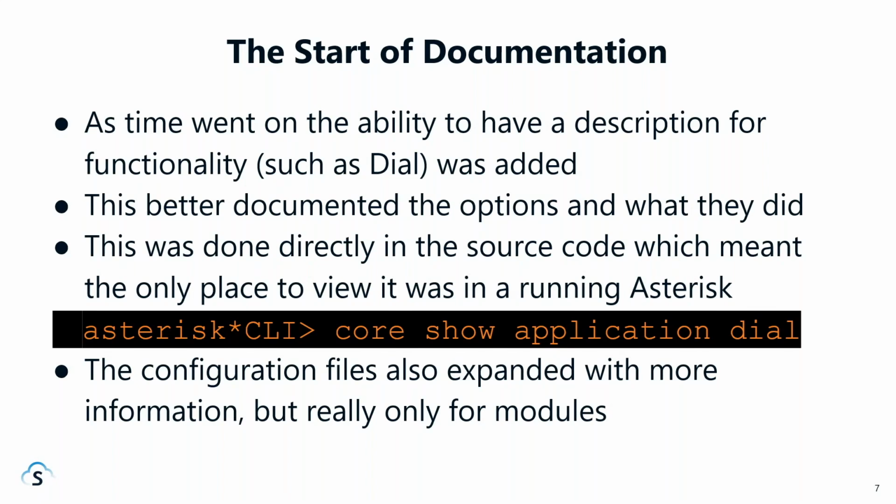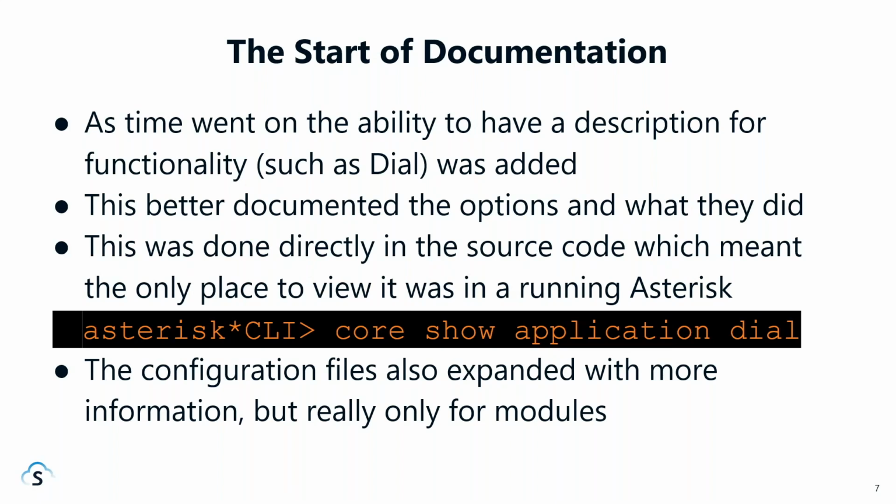As well as additional things got added like dial plan functions. A CLI command was also added to allow you to see the information about that as well. Configuration files also expanded with more information and more detail. Though like I said previously, some things still didn't get added because they just got missed in the C code and never appeared in the configuration files.